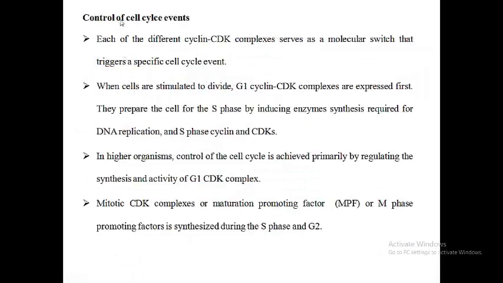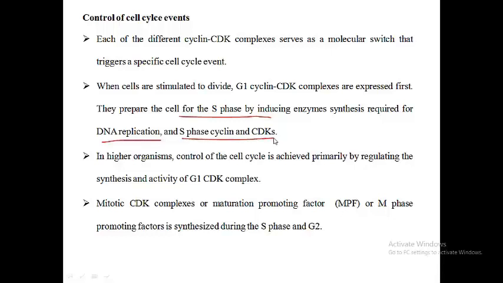Then we will see the control of cell cycle events. Each of the different cyclin CDK complexes serves as a molecular switch that triggers a specific cell cycle event. When cells are stimulated to divide, G1 cyclin CDK complexes are expressed first. They prepare the cell for the S phase by inducing synthesis of enzymes required for DNA replication, and S phase cyclin CDKs.